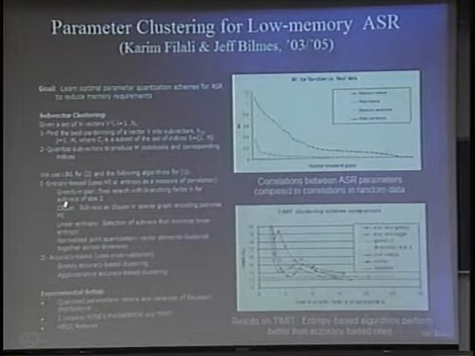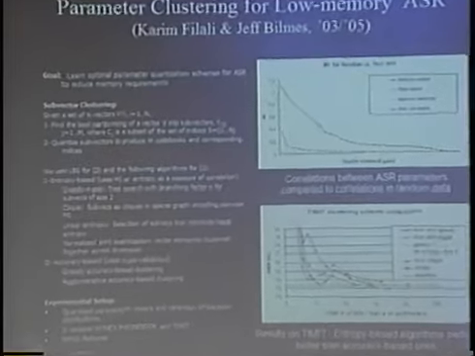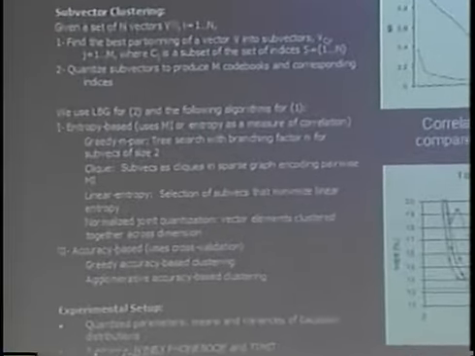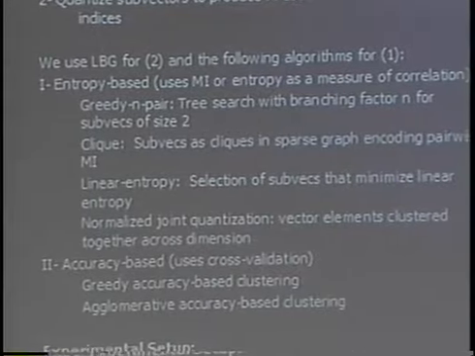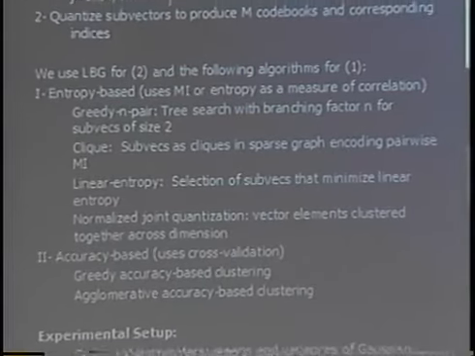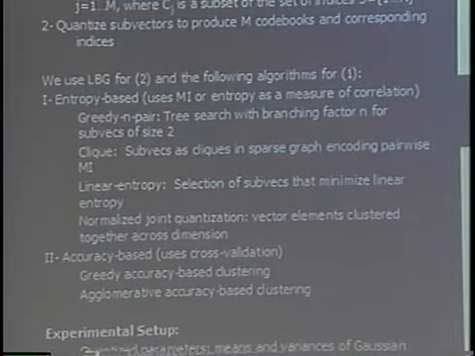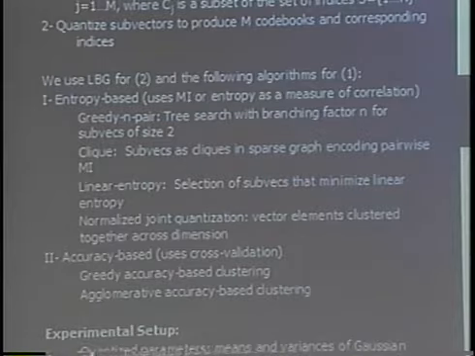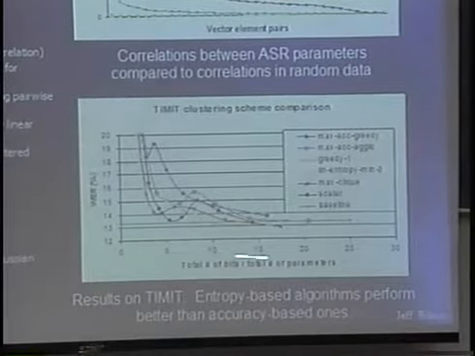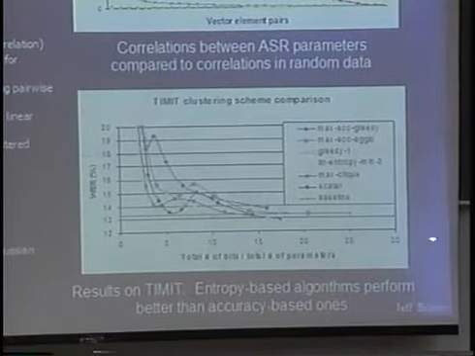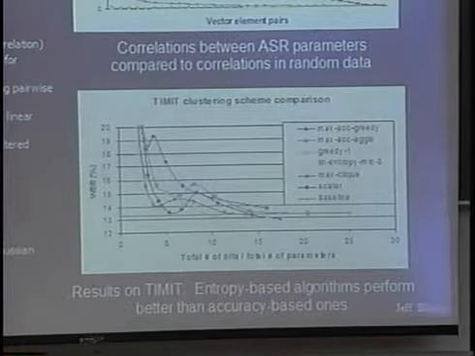We evaluated various clustering methods of the parameters of the speech recognition system and vector quantized each one of these clusters, and found that using a number of different techniques on multiple different speech recognition systems, we were able to get it down to the case where each individual scalar parameter of a speech recognition system required only about 5 to 6 bits. So this is basically looking at the total number of bits per parameter in a speech recognition system. If you're using single precision floating point arithmetic, then you'd use 32 bits.